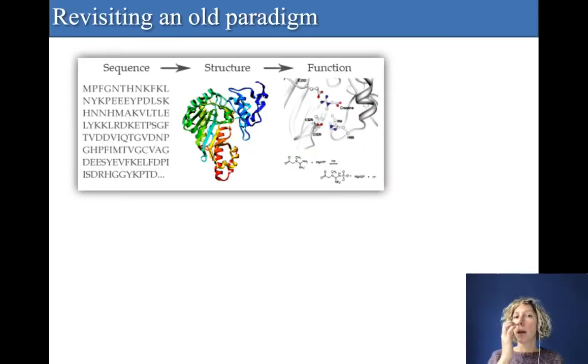So this is the typical classical paradigm in biology, where we assume that a chunk of DNA in the genome, which is called a gene, encodes for a protein which will adopt in solution a particular 3D structure, and that structure will determine a specific function.